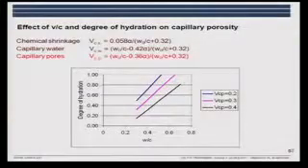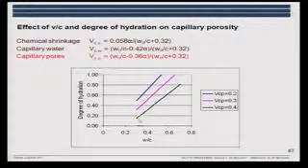So if you look at this, we use the Powers model. Here we have added chemical shrinkage, capillary water, and we get the volume of capillary pores, which we can estimate as a function of the initial water-cement ratio and the degree of reaction.